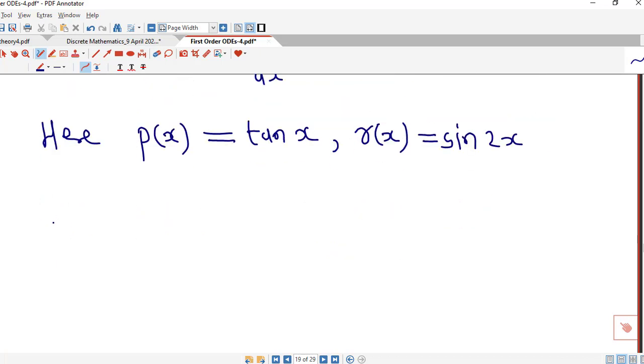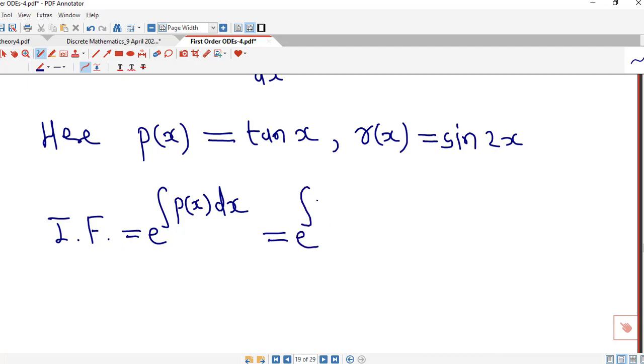So now we find the integrating factor by the formula e to the power integral of P(x) with respect to x. So it is e to the power integral of tan x with respect to x. The integral of tan x is log sec x, and this gives sec x.